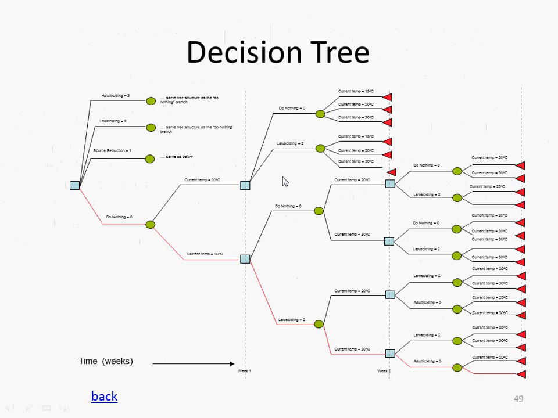Okay? And way down here in the terminal nodes, that would be the consequence of a given sequence of decisions and events over time that lead from the root up here of the tree, that first point in time, down to the terminal node.